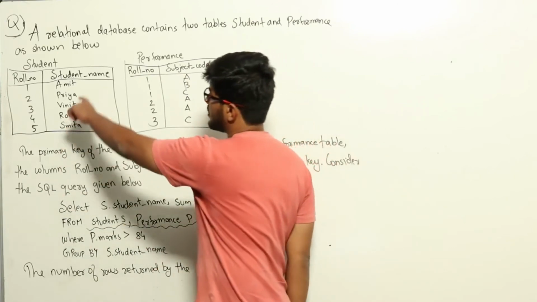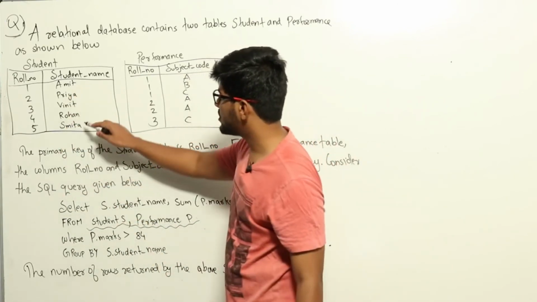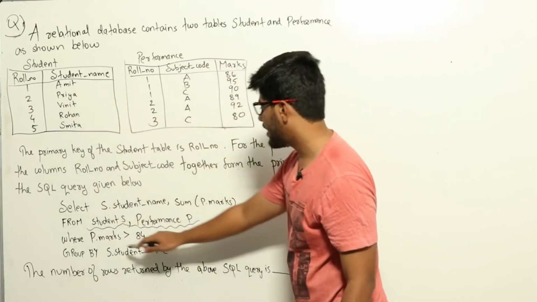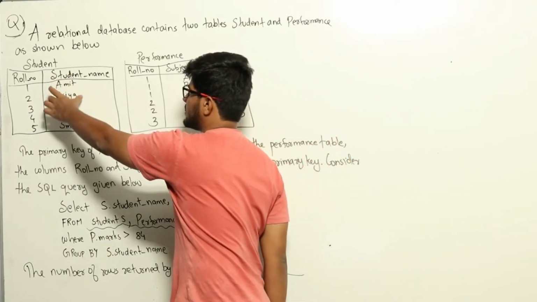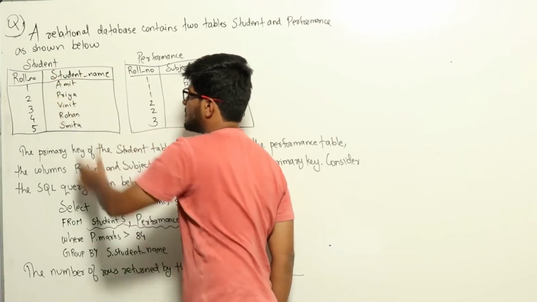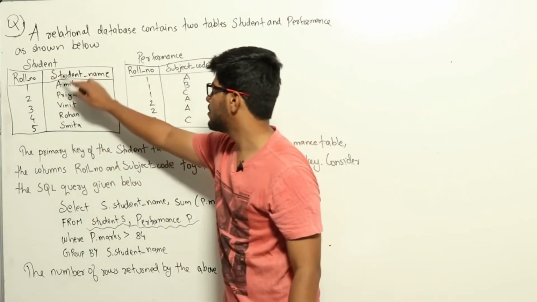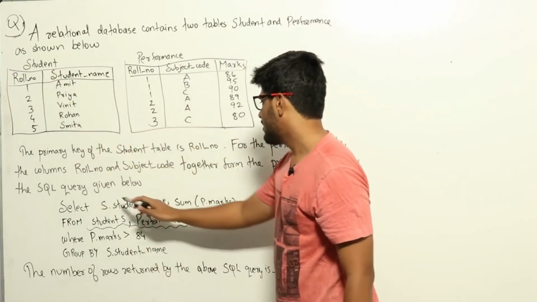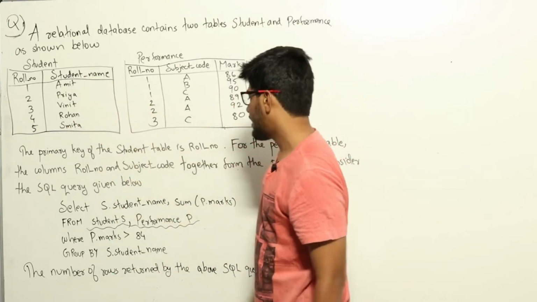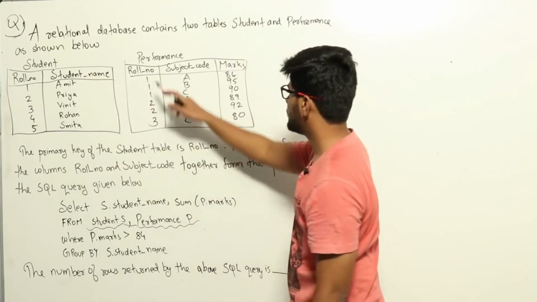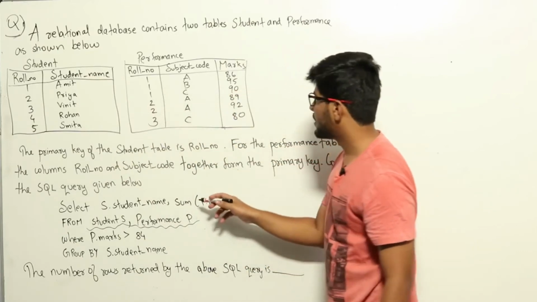Now if you see there are 5 unique student names. All of these students have different names. So a group by clause will return only one row for each unique student name. So it will be returning 5 rows, and it is selecting student name. So this column will be returned like this and it will do the sum of marks from performance, p.marks.